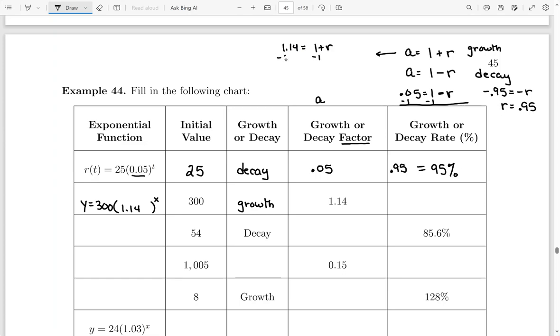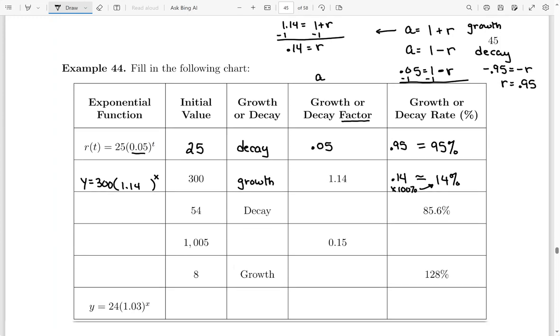Subtract 1. r equals 0.14. So 0.14, or if you multiply that by 100%, it becomes 14%. What you're doing is multiplying by 100% and then putting in the percent symbol. Okay.